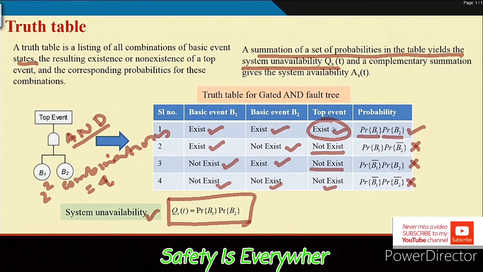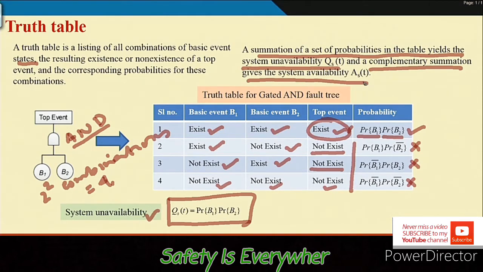Here there is only one situation, so that is why this probability is considered. If we want to find the availability, which is 1 minus QST, it is the sum of the probabilities of the other three situations. So a complementary summation gives the system availability.